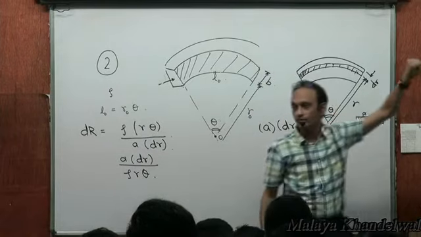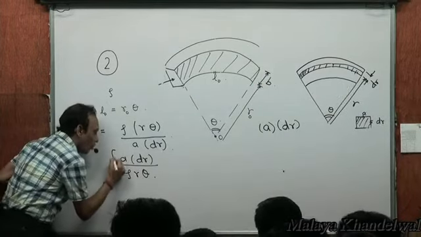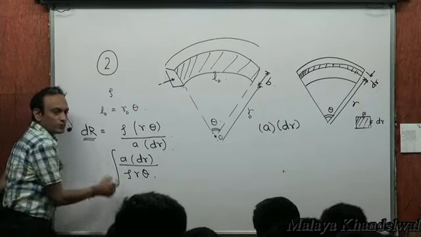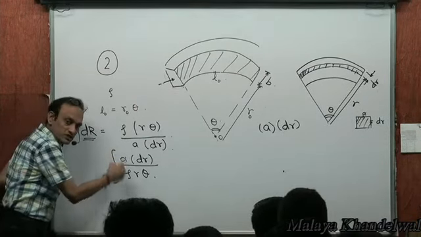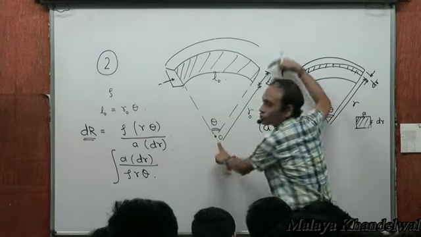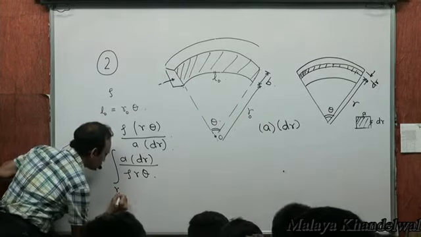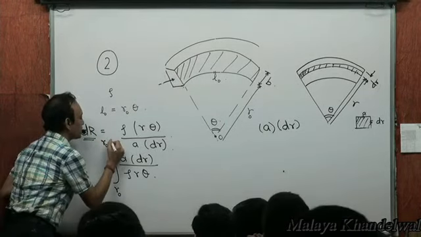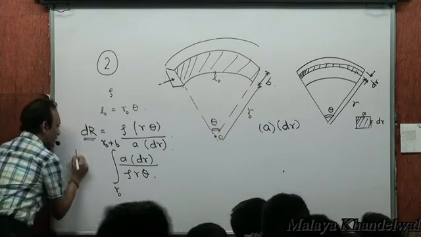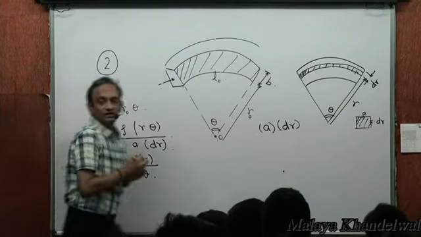The sum of the reciprocals of all the dRs is the sum of all of this. Integrate this, where R runs from R0 to R0 plus B, and that will give me 1 by R equivalent.